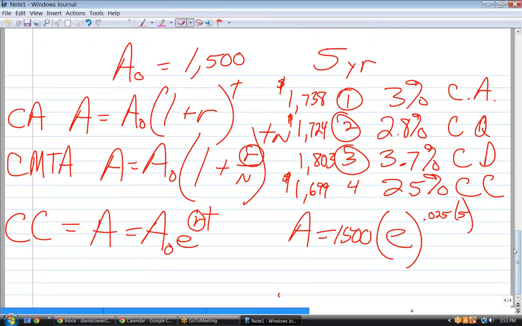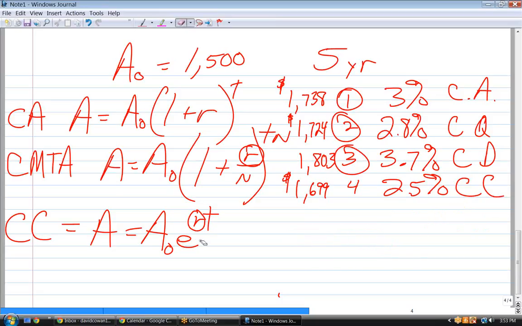What does continuous compounding mean exactly? It means exactly that it grows as a function of how much is there at all times. In the same way that bacteria grows that way, and in the same way that populations grow that way.